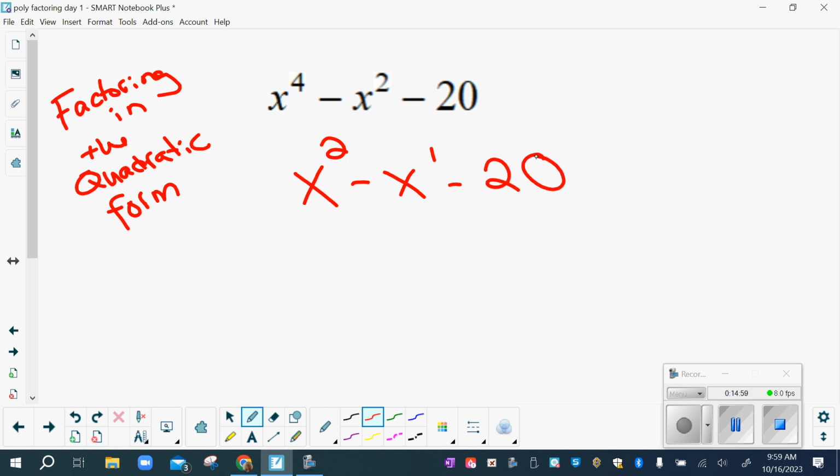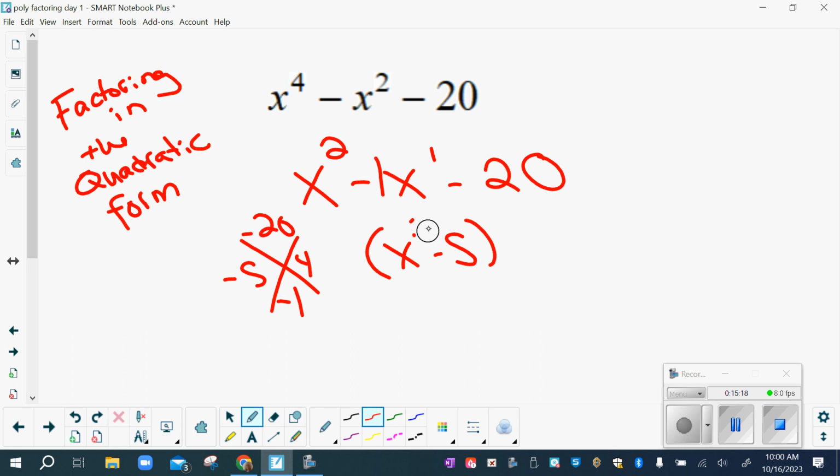That would just be x factoring, right? So what are the factors of negative 20 that make negative 1? Negative 5 and 4? Yeah, are we good? So I would say x minus 5, x plus 4.